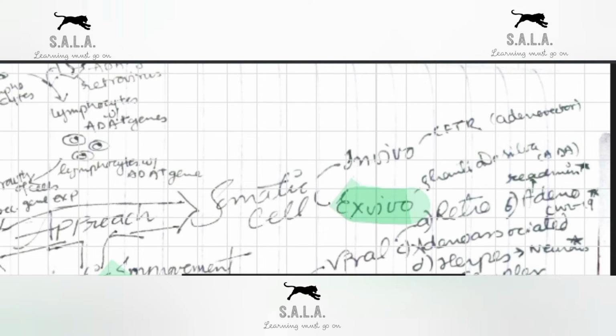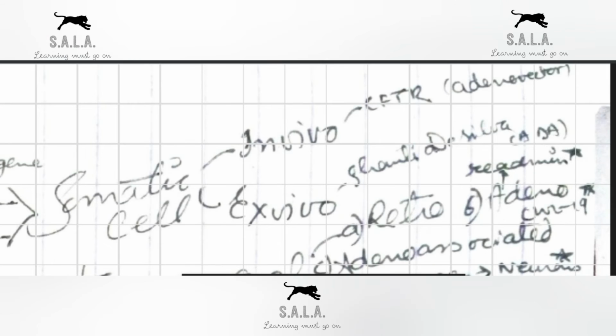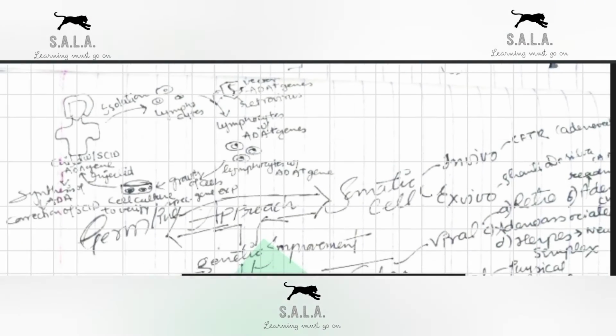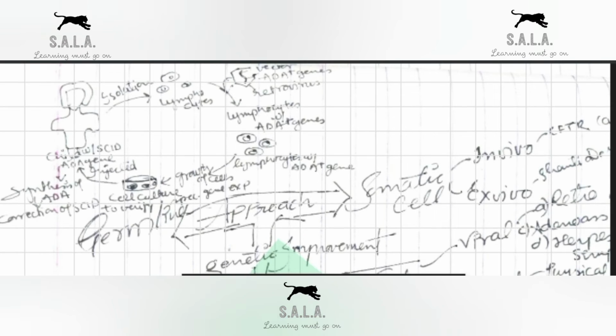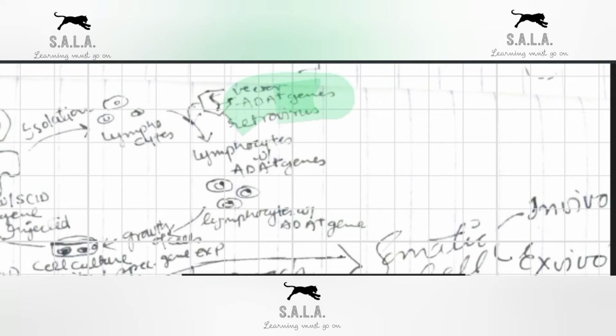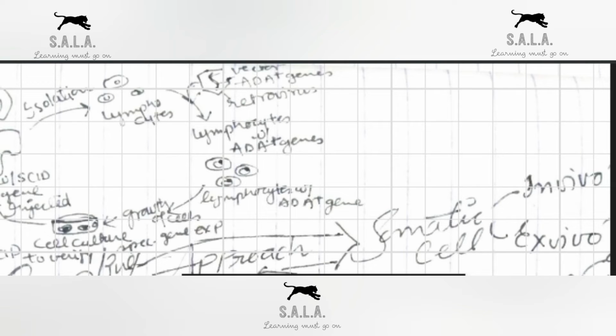Now the ex vivo part. There is a special case of a child in India known by the name of Ashanti De Silva. We used the ex vivo technique here. The child had SCID, severe combined immunodeficiency, so we isolated the lymphocytes and incorporated the adenosine deaminase gene into a retrovirus vector.